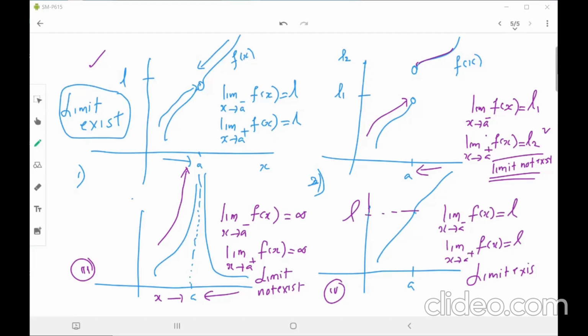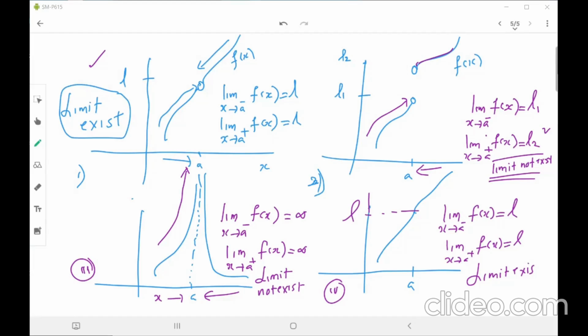Do you find any difference between example 1 and example 4, or are they the same?